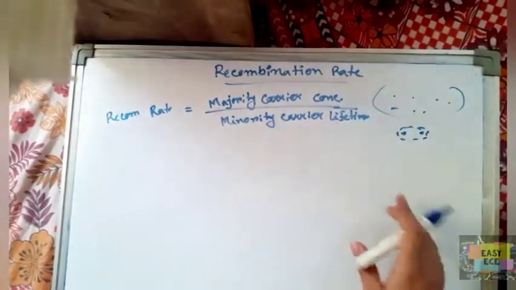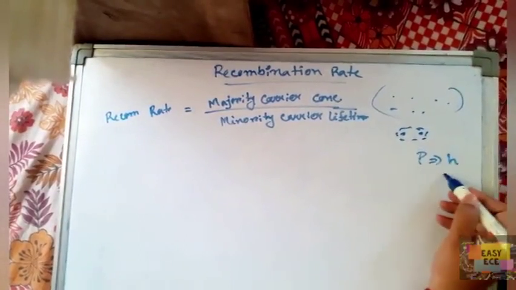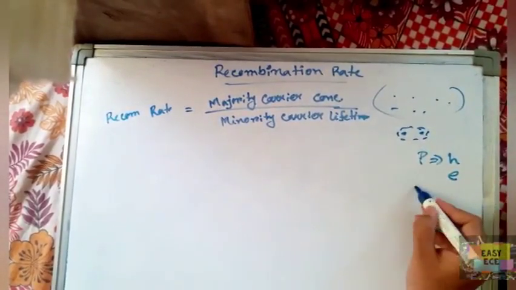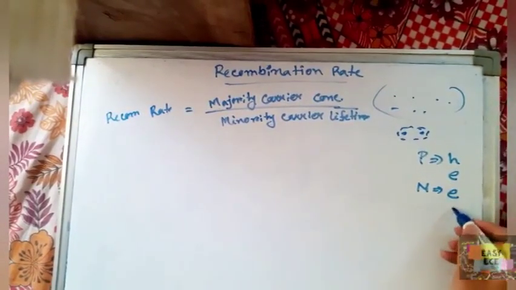If this is a p-type semiconductor, then what is the majority carrier? That is hole, and the minority carrier is electron. For an n-type semiconductor, the majority carrier is electron, and the minority carrier is holes.